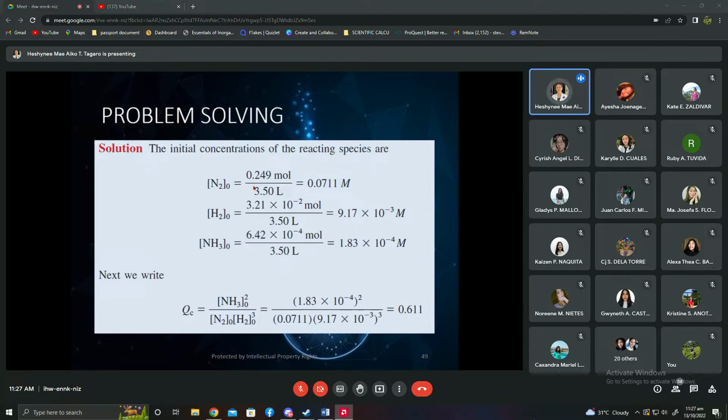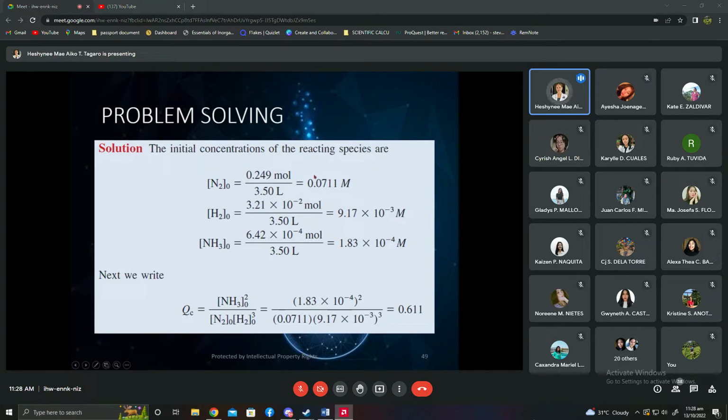If mL or milliliters is given, you need to convert milliliters to liters. Anyway, no problem with our problem because the volume is already in liters. So we go straight to solving our molarity. Molarity for N2 is 0.0711, for H2 is 9.17 times 10 raised to negative 3, and for ammonia is 1.83 times 10 raised to negative 4.